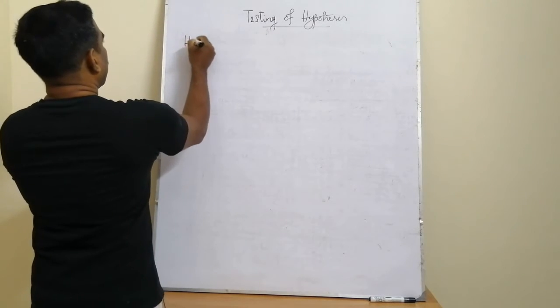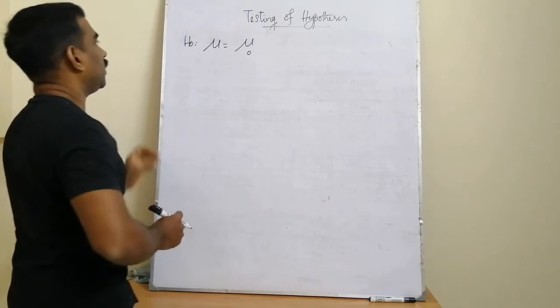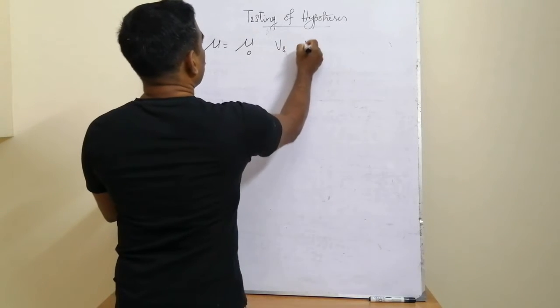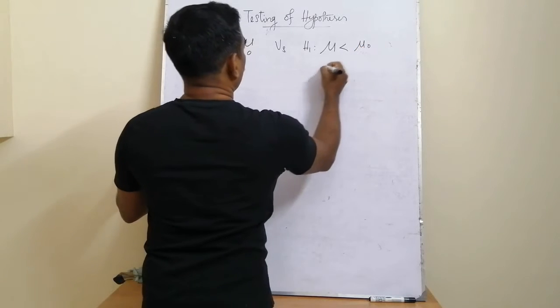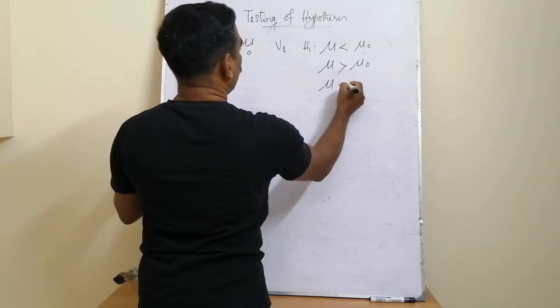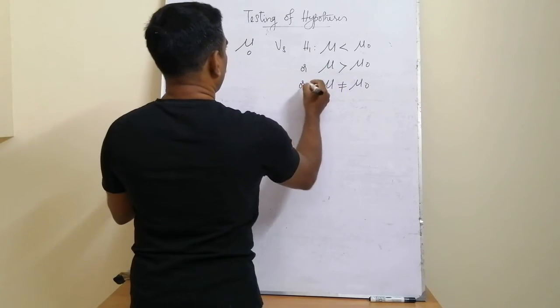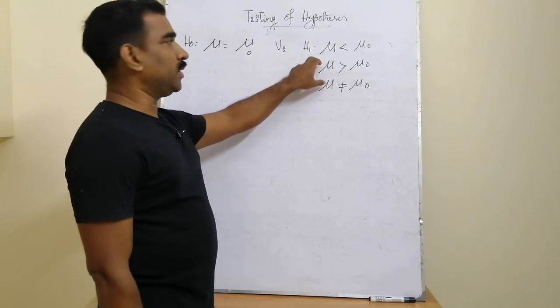For the null hypothesis H naught, we are testing a specific value of the population, say for example mu is equal to mu naught, against the alternative hypothesis may be mu less than mu naught, or mu greater than mu naught, or mu not equal to mu naught. One of these cases we will consider based on our sample information.